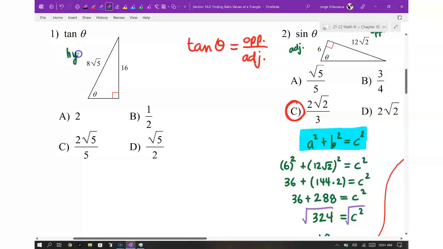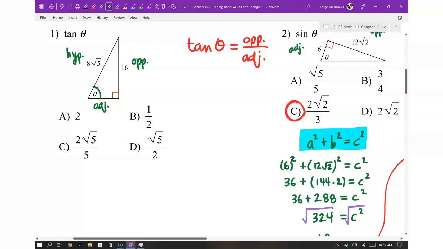Good. Hypotenuse, because that's opposite the 90-degree angle. So that's hypotenuse. Now notice my angle is right here. What is the 16? Is that opposite or adjacent? That's opposite. And again, if you're not sure why it's opposite, ask yourself, does that side touch the angle? It doesn't touch it. So that means this has to be opposite. That leaves this as adjacent.